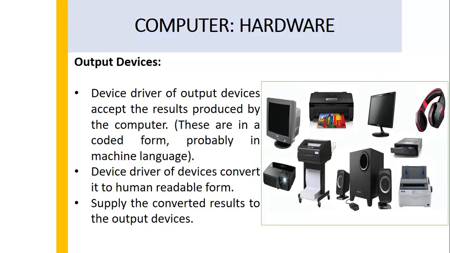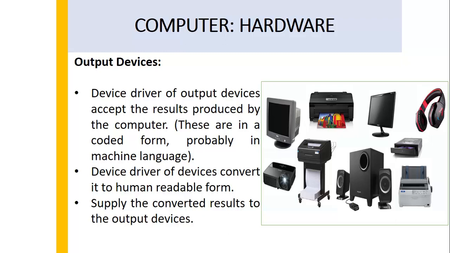Then we have output devices. The device drivers of the output devices accept results from the computer system, which are in machine language, convert this machine language data into a human-readable form, and then forward that to the output device for display, printing, or listening.